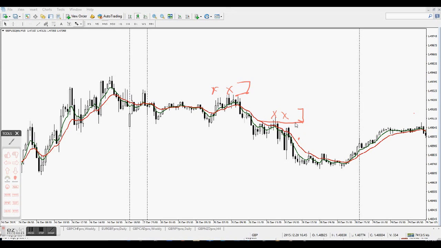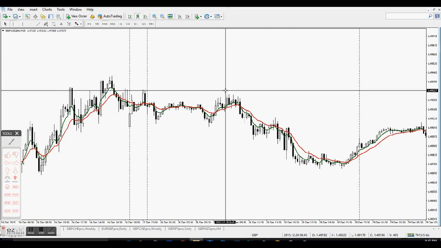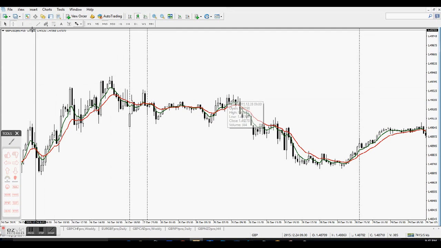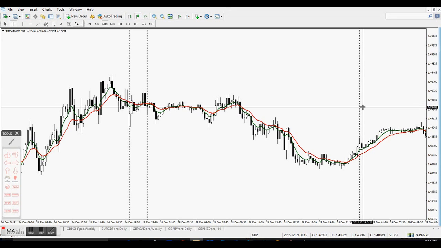Okay, so now this little crosshair right here is actually going to help you. It's a good thing to have, right here, this crosshair. If you take a look to the right, you can see in the black that it's giving you the price of 49.23.